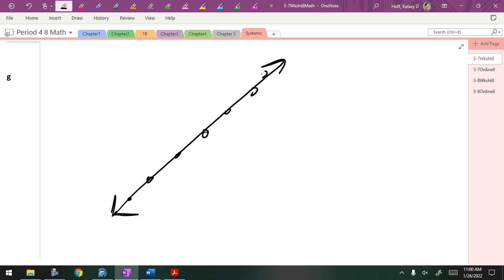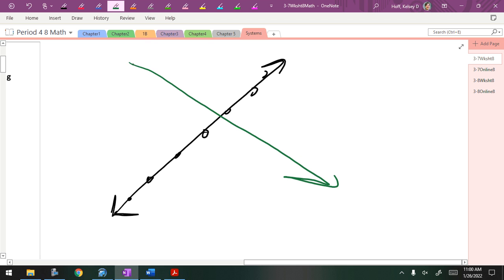Now I'm just going to give you a quick sketch of what that really means in a graph. So say I graph this line. Every single point on this line makes a true equation. When I plug in x and y, it makes it true. It satisfies that equation. Well, today I'm going to add to it that I'm going to graph another line.